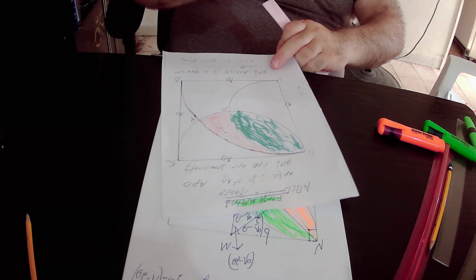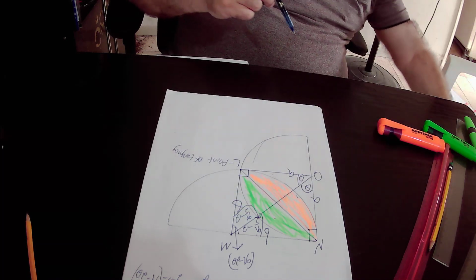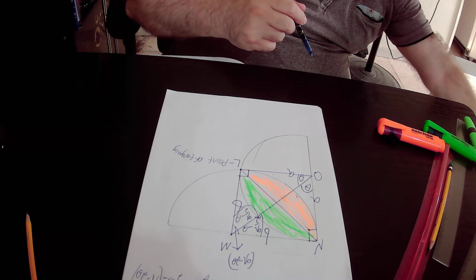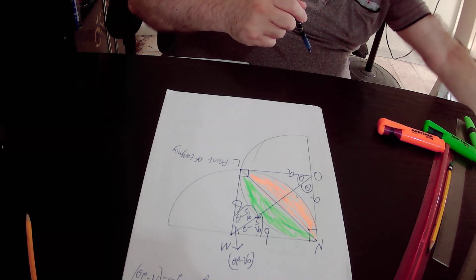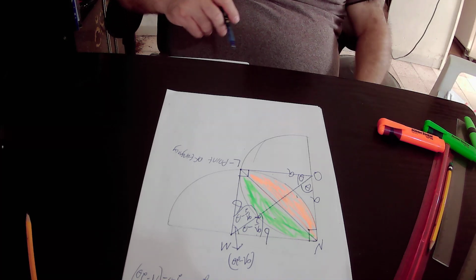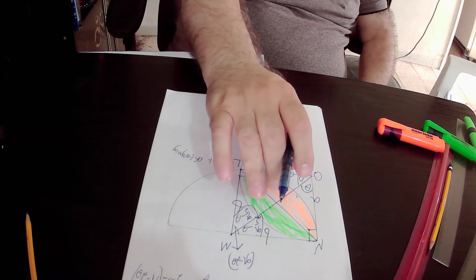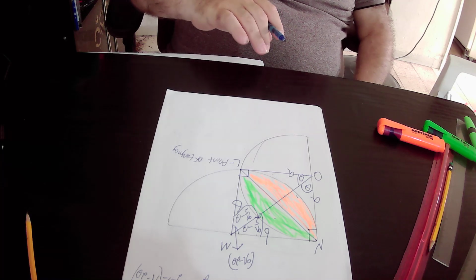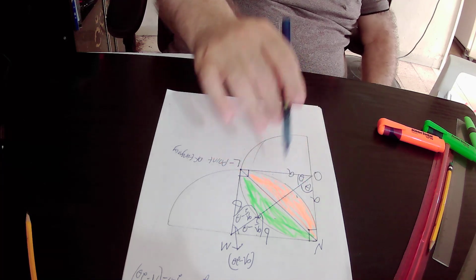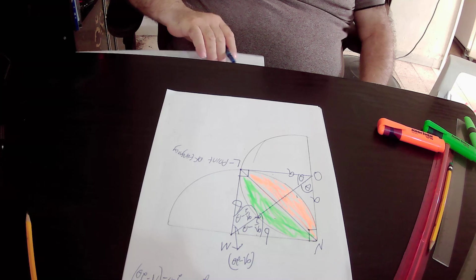They are also perpendicular to each other. So we will add the areas of those two circular segments with each other, and this will give us the area of this lens.